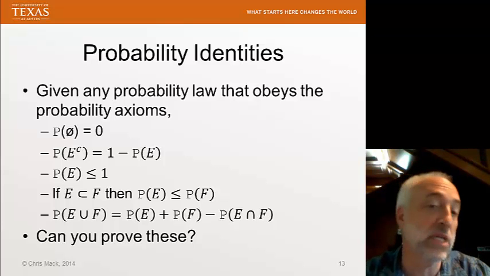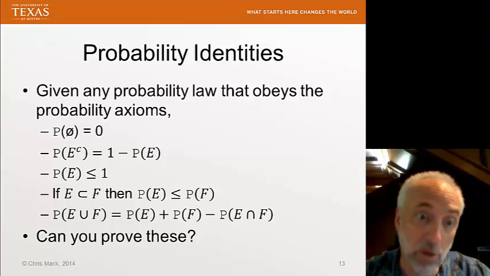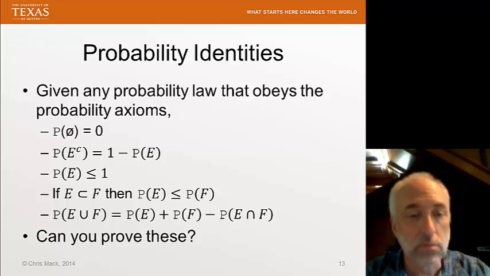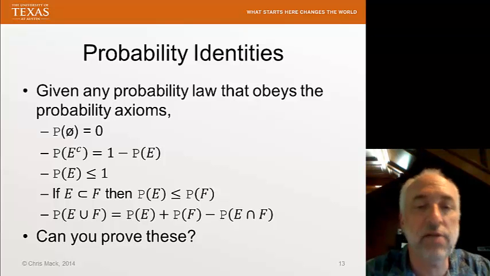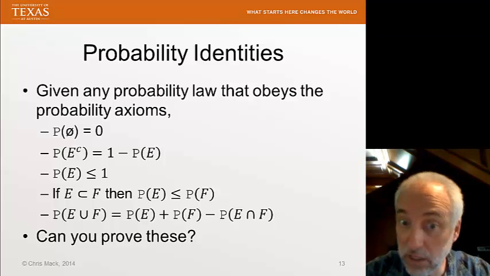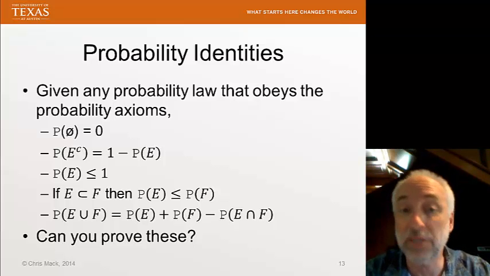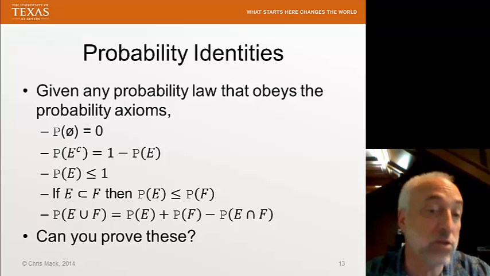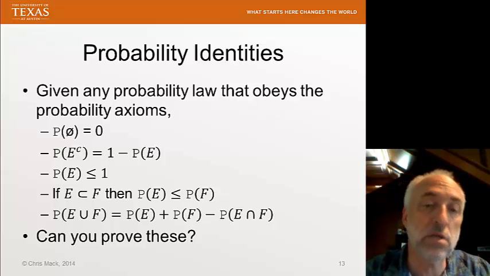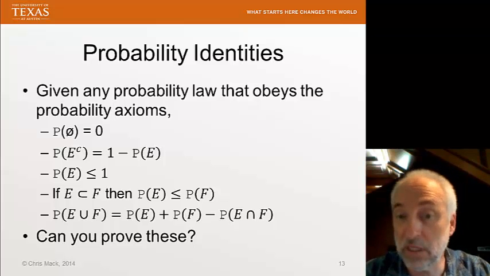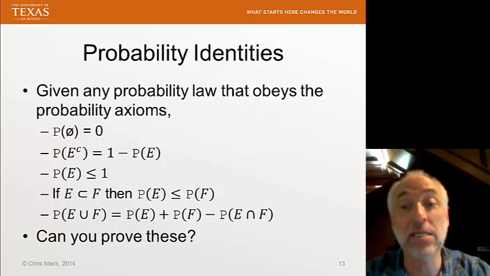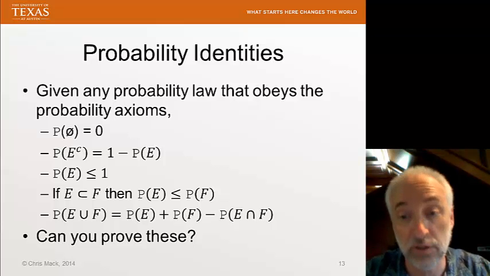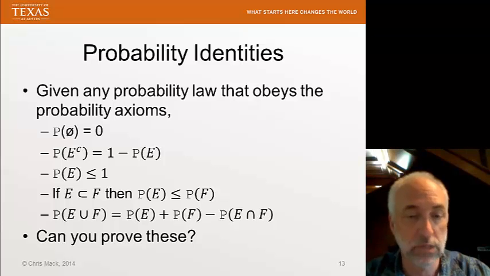The probability of an event is always less than or equal to 1. If E is a subset of F, then the probability of E can never be greater than the probability of F. And finally, if I have two events E and F, I take their union. The probability of that union is the sum of the probabilities of the two events minus the probability of the intersection of those two events.